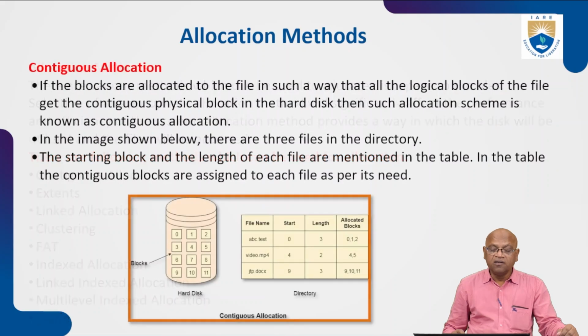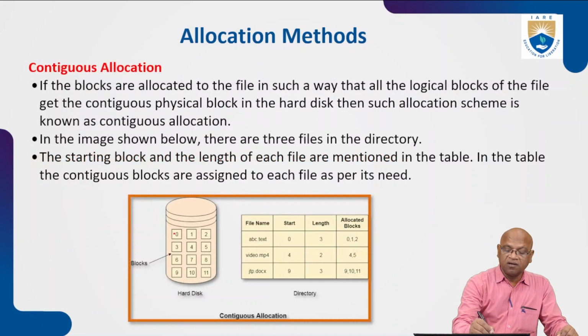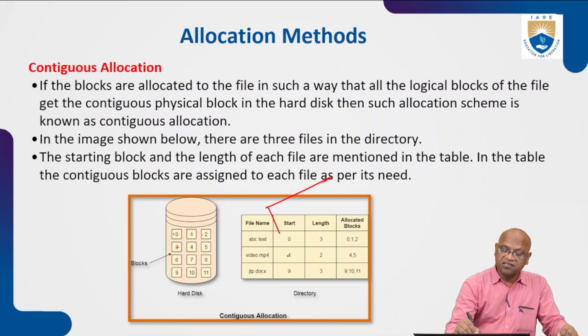So here, this is our hard disk only. For our study purpose, we have created block 0, block 1, block 2, 3 like this. This is your hard disk. This is block 1, block 2, block 3 like this.